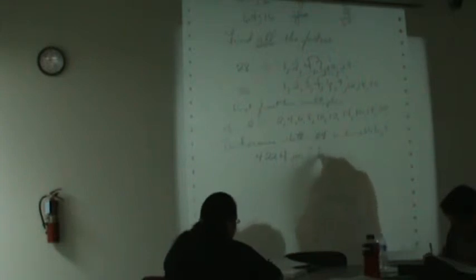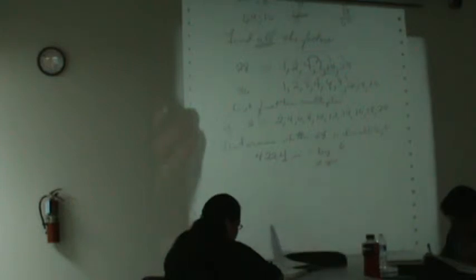So if you have a bigger number, let's do this number here. I guess some of you have to actually divide it. Here's one here. Determine whether 4,224 is divisible by 6.